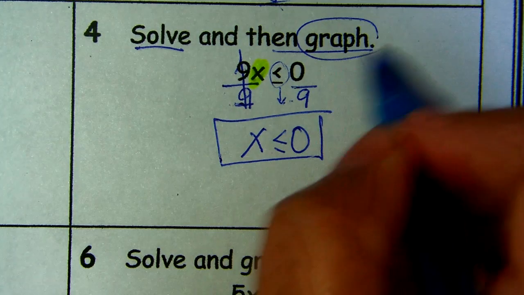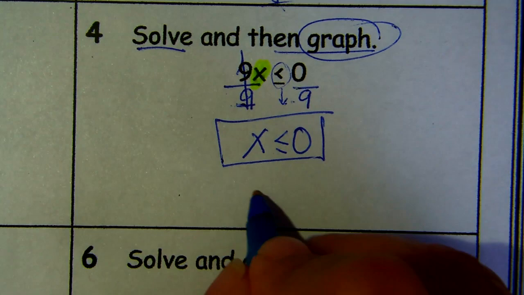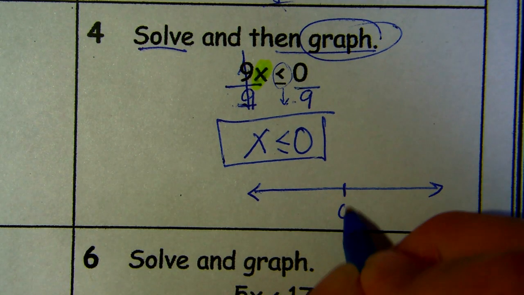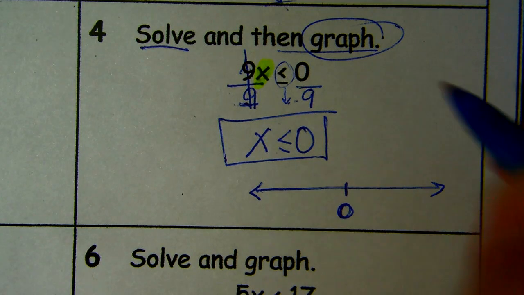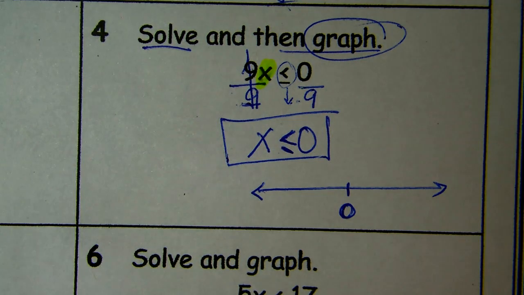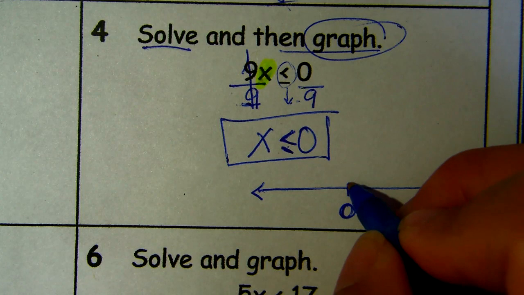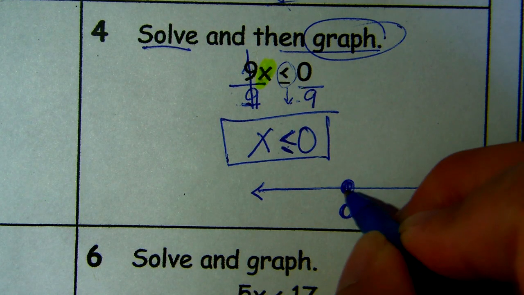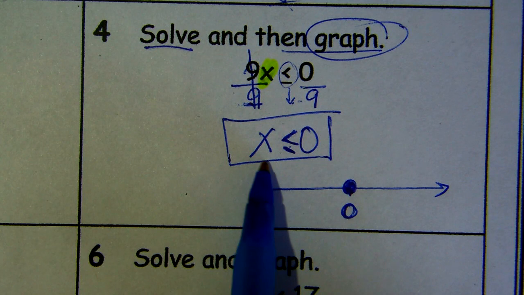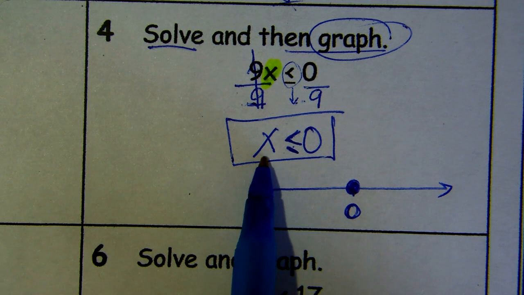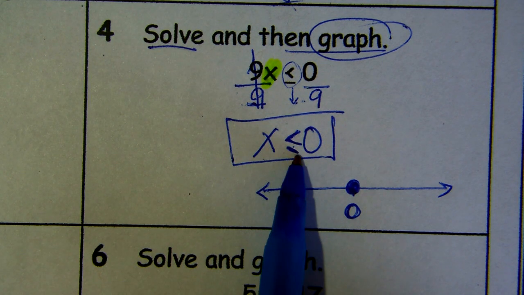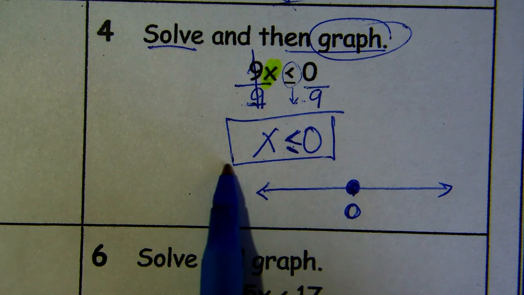Now, they're asking us to graph. So I'm going to put the line right here. Here's the 0. We have this symbol, bar on the door. If there's a bar on the door, it's closed. Now, the answer is telling us that the values of x are less than or equal to 0.